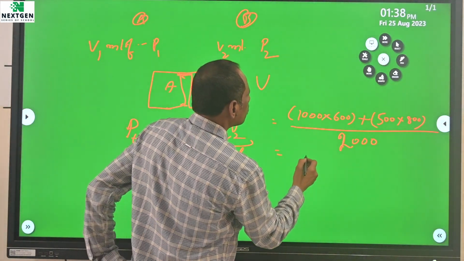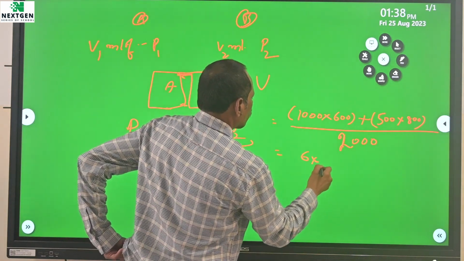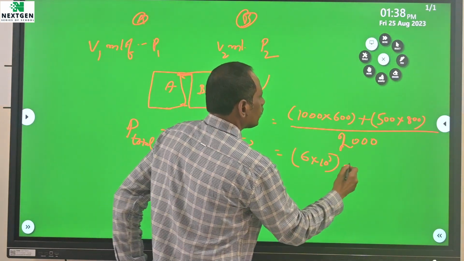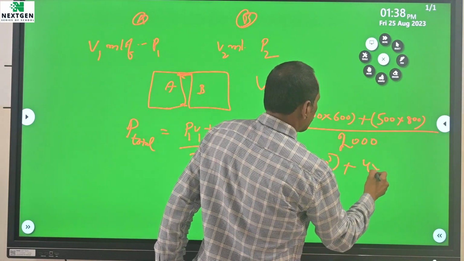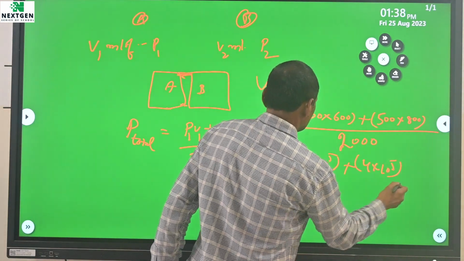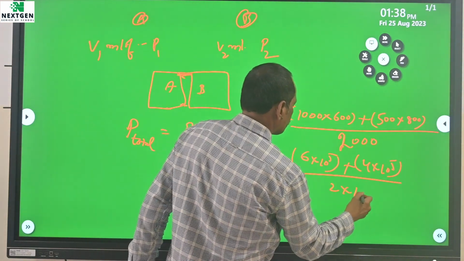That means 6 into 10 power 5 plus 4 into 10 power 5 by 2 into 10 cube.